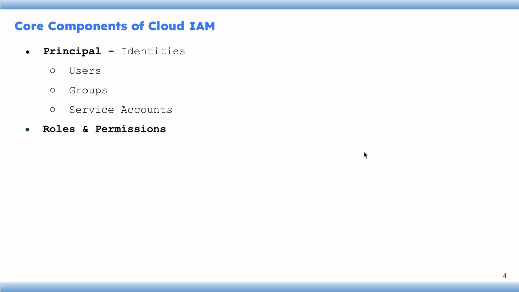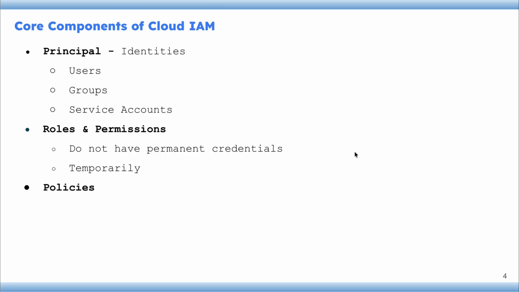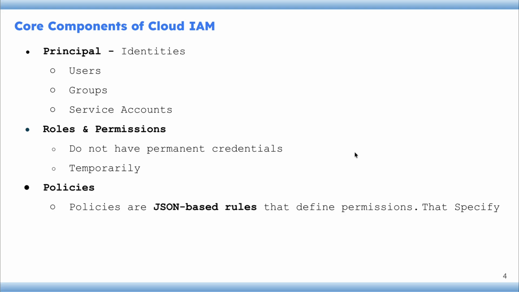And we will be discussing roles and permissions in the next topic in a more detailed way. So with roles, you will not be giving permanent credentials. It is basically temporary, and it is common for cross account access, applications and automations. And the third one is policies. So policies are JSON based rules that define the permissions.